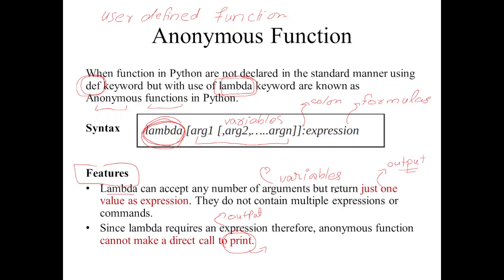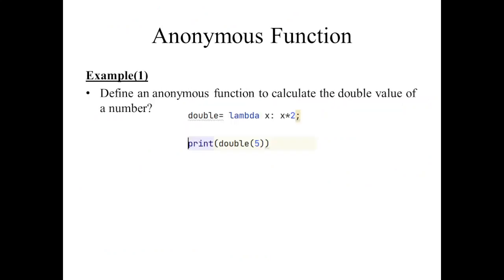Let's look at some examples of anonymous functions. Here is an example in which the user is asked to define a function to calculate the double value of a number. In this case, you can see we have defined a variable called double, and after defining this variable, we can see here is a lambda function, which is the anonymous function.